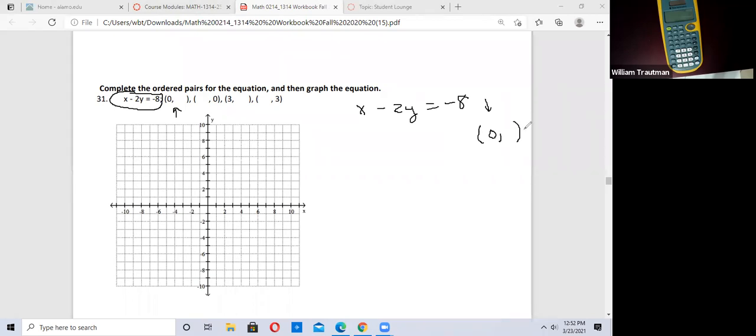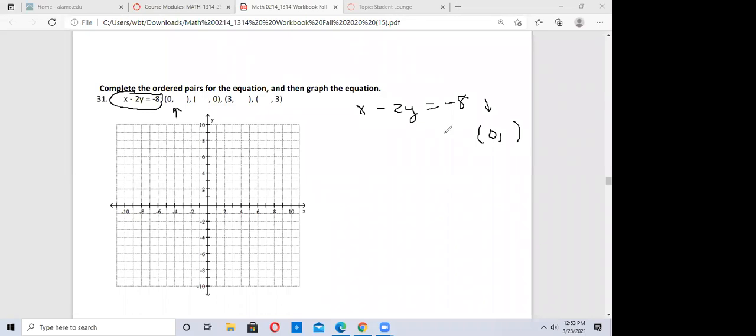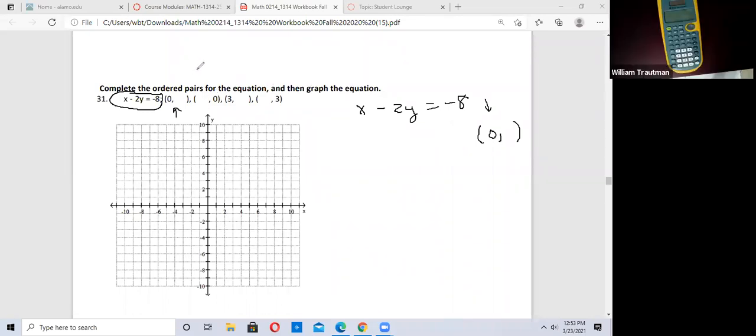When it says complete the ordered pair, what do I need to find? To do this problem, you have to understand, what are you looking for? What are you trying to find? The y. Yes, ordered pairs, thank you. Ordered pairs are x and y. The x equals 0, we have to find y.